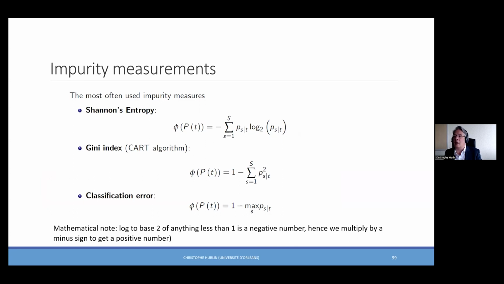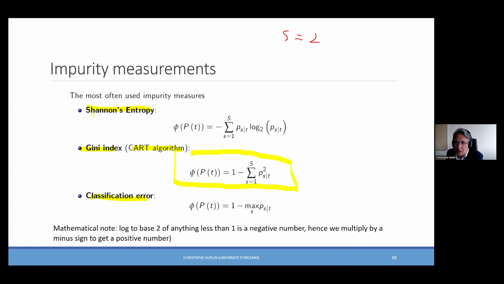There are different impurity measures proposed, for instance, in scikit-learn: the Shannon entropy, the Gini index, and the classification error. In general, with the CART algorithm, by default in most software, the impurity measure used is the Gini index. Let us imagine that S is equal to 2.